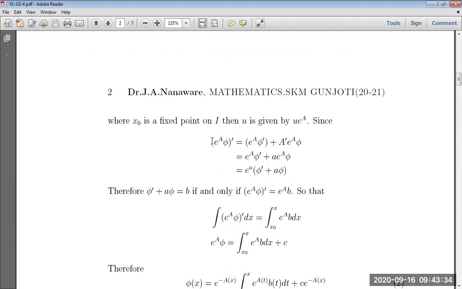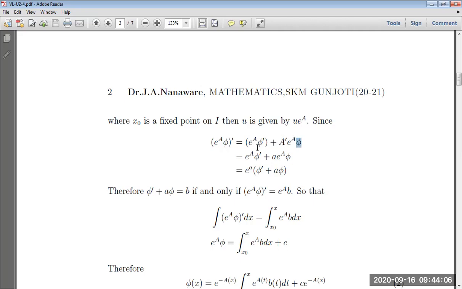To find the derivative of this, we use the product rule. Its derivative is the exponential function first, then the derivative of the second function phi, plus the derivative of the exponential function e to the power A of x, and take the derivative of the exponent again, and the derivative of A of x is a dash of x.